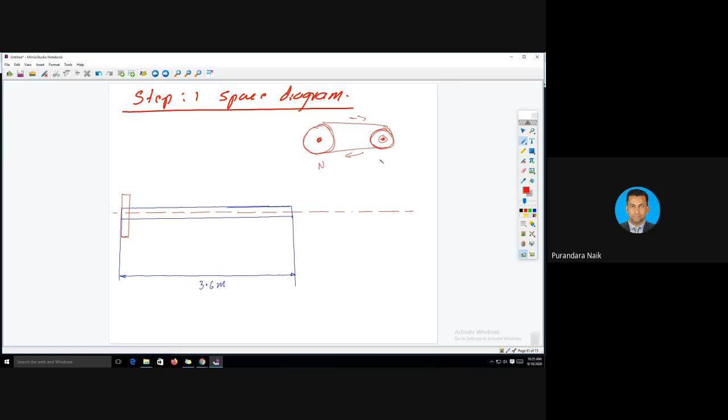The speed of the first pulley will be different, the speed of the second pulley will be different, but the power will be transferred from here to here. So that is the concept. This pulley is the first pulley. We have A on one end, the left extreme end. Let us consider this as A, and C on the other end.